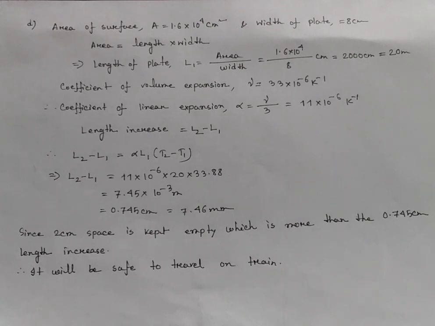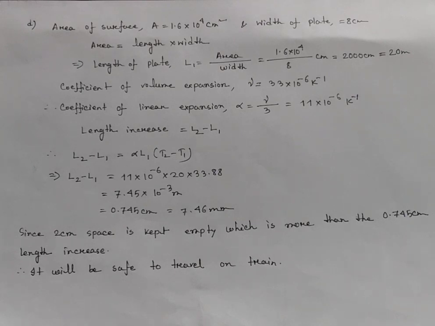In our setting, the area was given, the height was given, but in question number D, the width is also mentioned, and after the expansion of its area, while the train is moving over it, will it be safe for you or not?